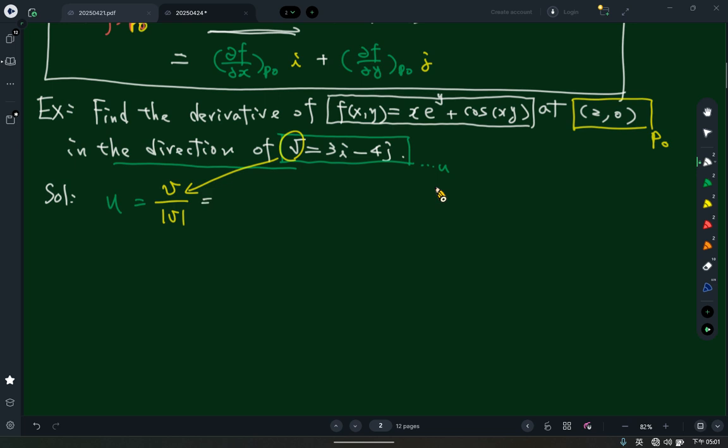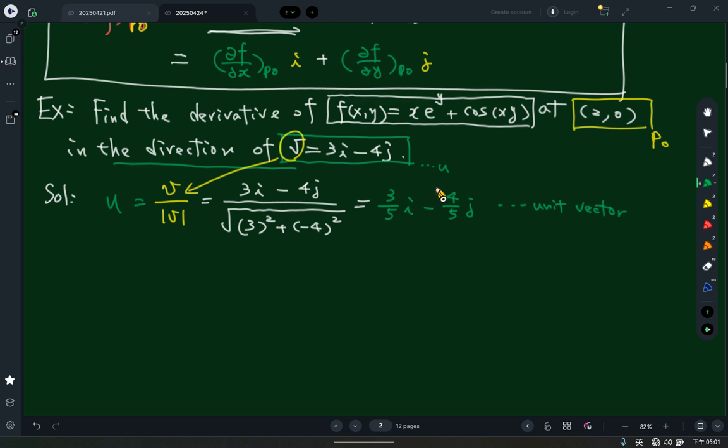So that it will be 3i minus 4j over its length, square root of 3 squared plus minus 4 squared. So the answer will be 3 over 5 i minus 4 over 5 j. So right now it's a unit vector already, right? This is the unit vector for this direction.